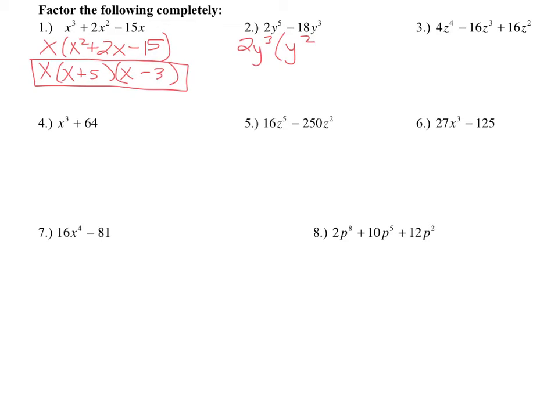Remember, we add exponents when you multiply the same base, so 3 plus 2 gives you 5, minus 9, because 2 times 9 is 18. And then the y cubed is all we need there. Alright, so now I have difference of squares, y squared minus 9. So I keep my GCF out front, and I'll factor into y plus 3 times y minus 3.